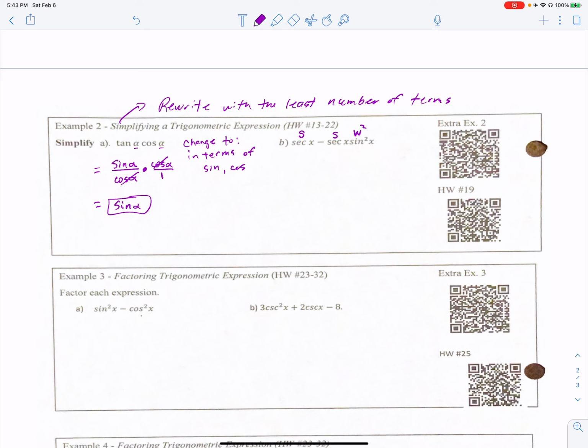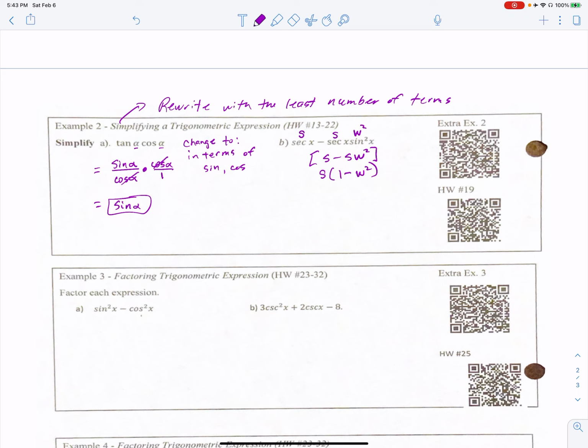I can't use s for it because I'm already using it for secant. So I can kind of think of this as s minus s w squared. I'm just doing this so that you can get a feeling for this with it being a little less abstract. If I gave you s minus s w squared and asked you to factor it, I hope that you would write it as s times 1 minus w squared.